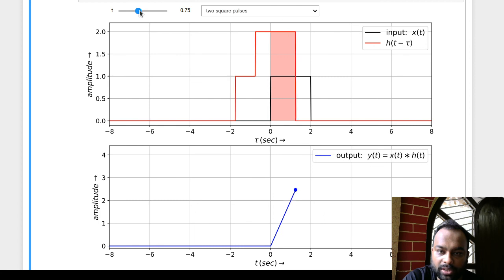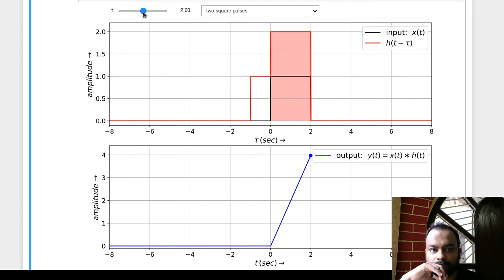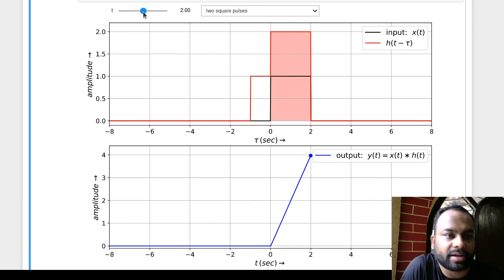That's too much. We got that, right? So let's increase it further. Let's make it 2. Now we have the output at the maximum possible value, because from the figure you can figure out that this is the maximum possible overlap these two signals can have.